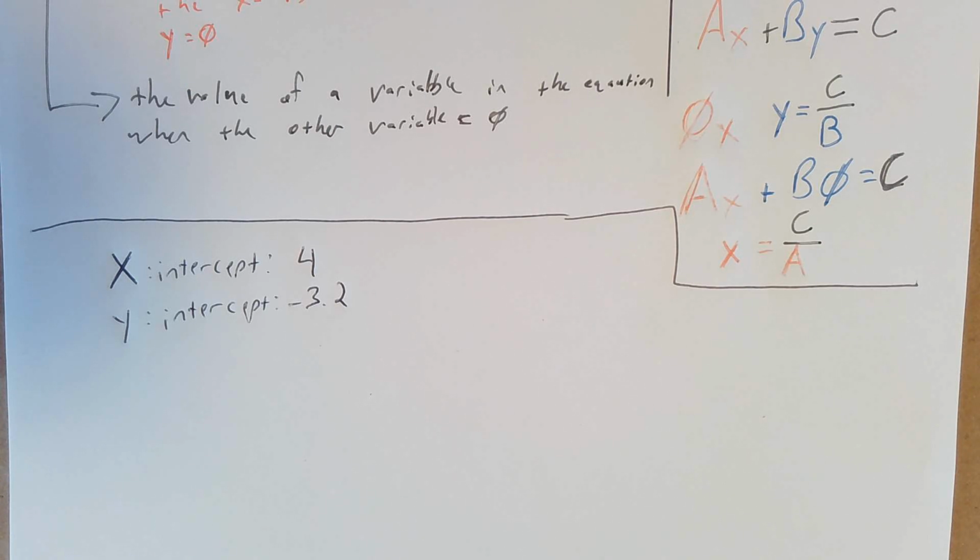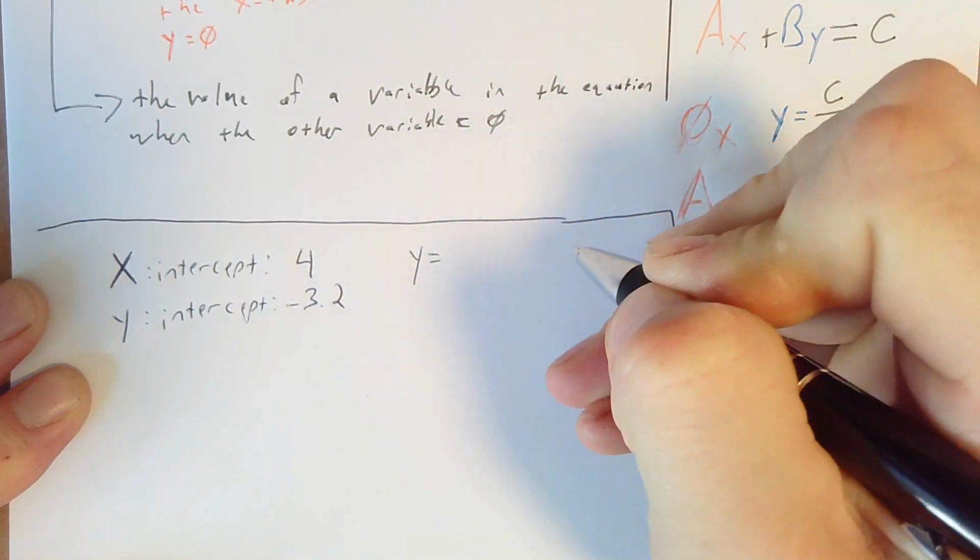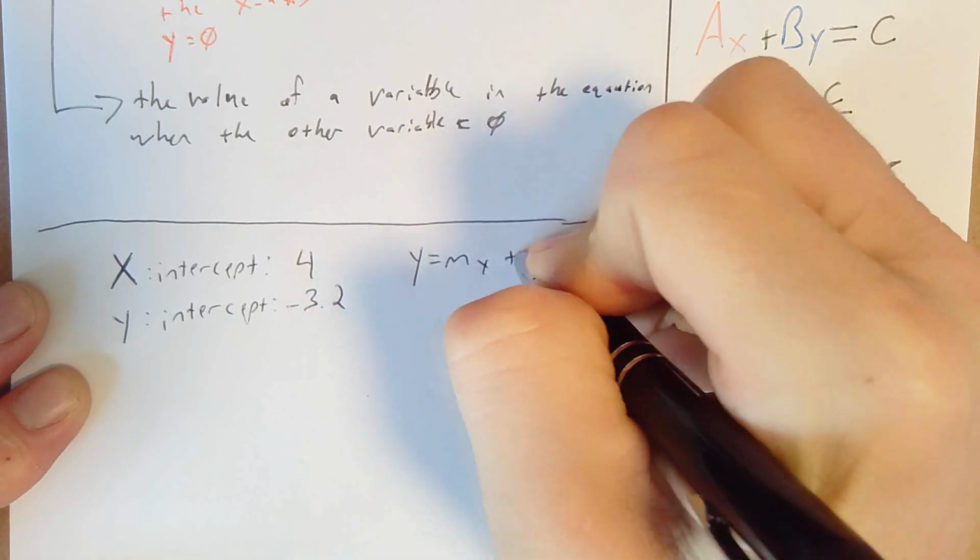So let's just start with my favorite, slope-intercept form: y equals mx plus b.